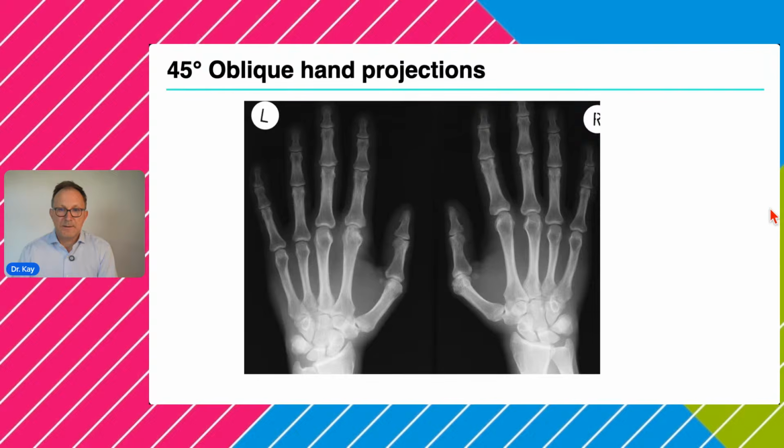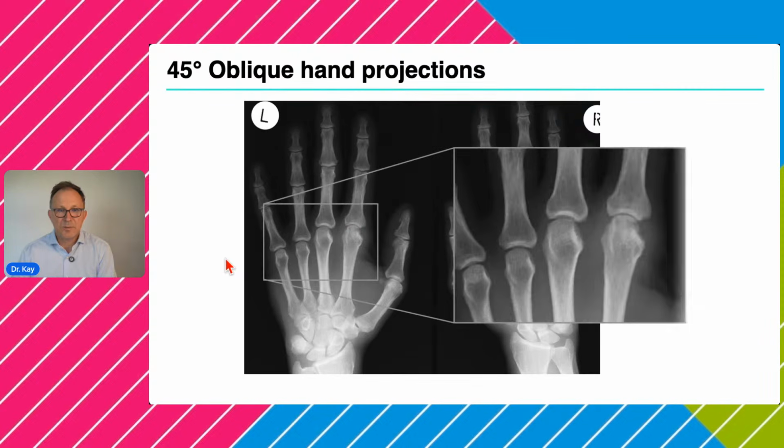Looking at the hands, here's a nice example. I think some of you might be aware that the left side is affected. It's not very easy to see, but if you compare the MCP joints of the right hand with the left hand, you can see there is some bone destruction over here, maybe also some joint space narrowing. Let's enlarge it a bit.